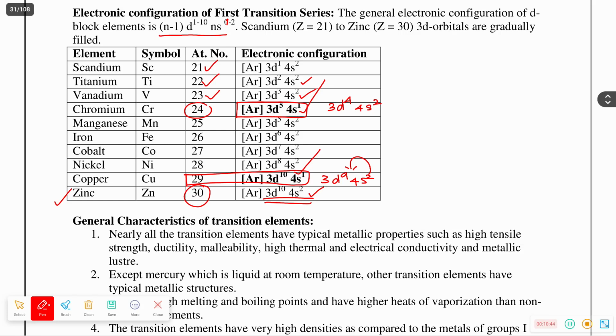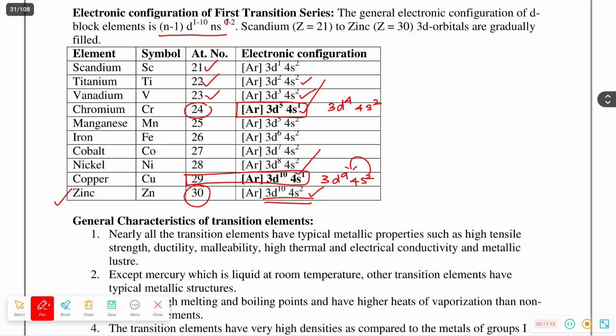The 3d orbitals are progressively filled in the 3d series elements. What are the two exceptional cases? Chromium and copper. Chromium, atomic number 24, configuration 3d5 4s1. Copper, atomic number 29, configuration 3d10 4s1.